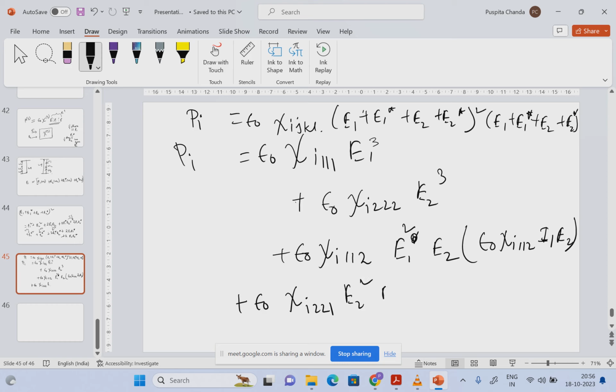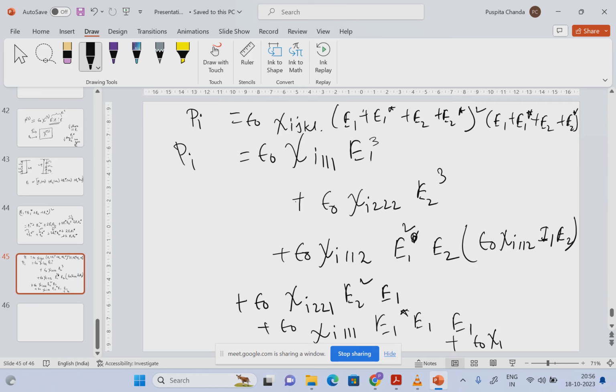Similarly, i221 E1 is there. And also there is epsilon naught chi i111 E1 star E1 into E1, and also chi 222 E2 star E2 into E2.